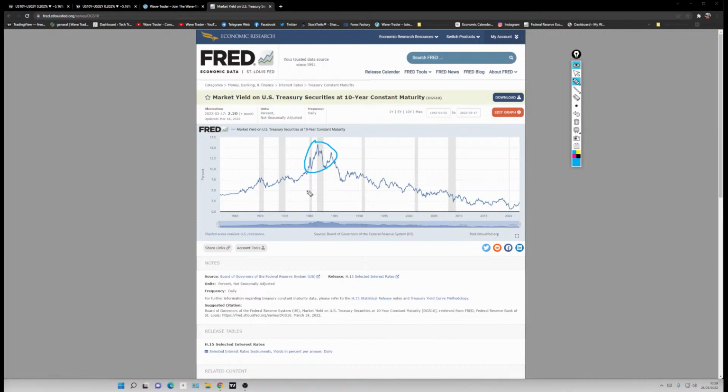They topped out somewhere above 15%, and at that time inflation was extremely high in the US. That was the extreme scenario, and the yield curve inversion was extreme.